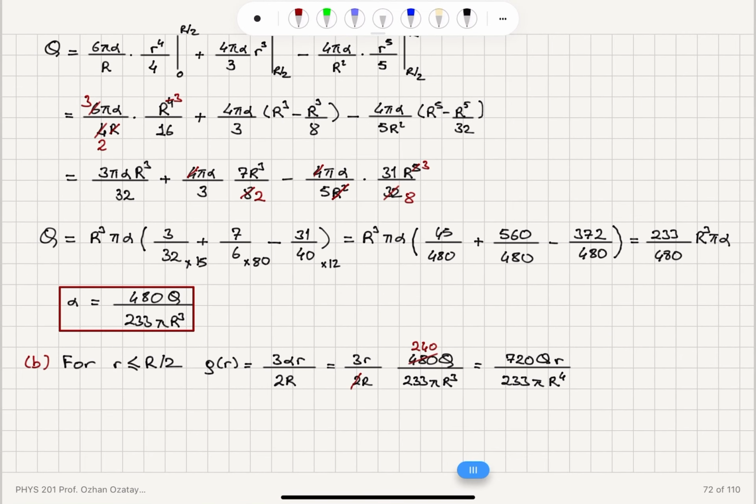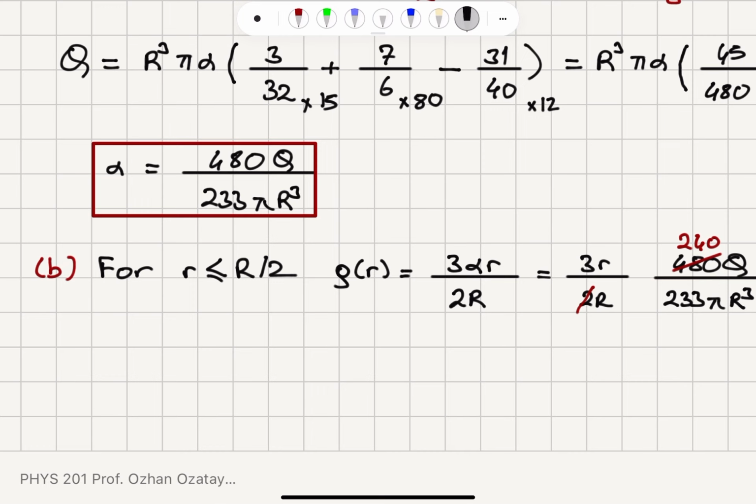Now we can use Gauss's law, the closed surface integral of E dot dA. The total electric flux through this spherical distribution of charge is E times 4 pi r squared. That's the surface area of the sphere with radius r, where r is less than capital R over 2. And according to Gauss's law, this is the charge enclosed, Q in, divided by the permittivity of free space, epsilon 0.